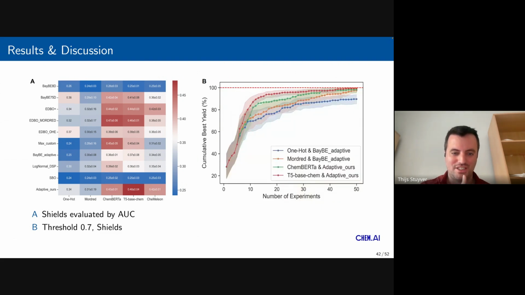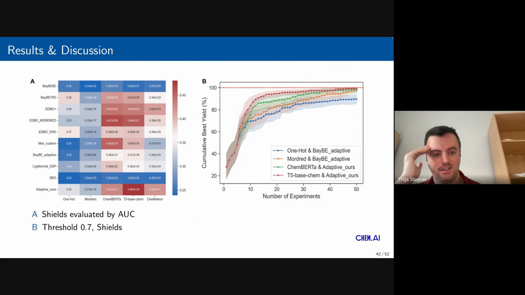So let's actually just show what this practically buys you, because I think that's the most important. These tables that I've just shown, you see red and blue, but it's maybe not entirely clear how this is going to practically affect your optimization campaign. So here you see some examples of hypothetical optimization campaigns for one of the benchmarking data sets that we looked at.